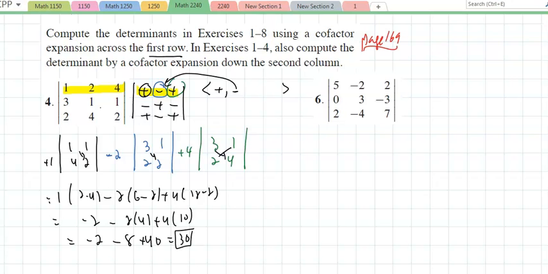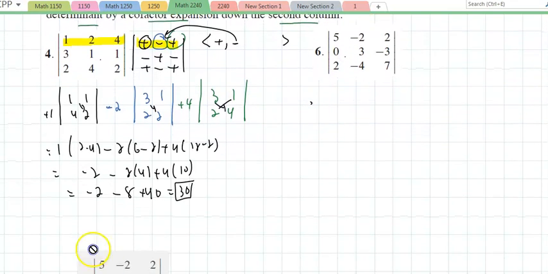Then it says, also compute the determinant by cofactor expansion down the second column. All right, let's do the second column. Here we go.